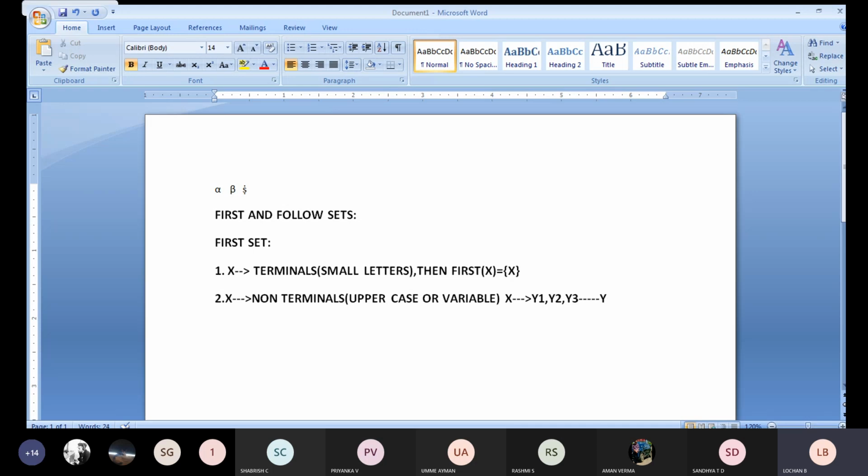If you get a production like this, we will check the first part and form that particular operation if it is a non-terminal.